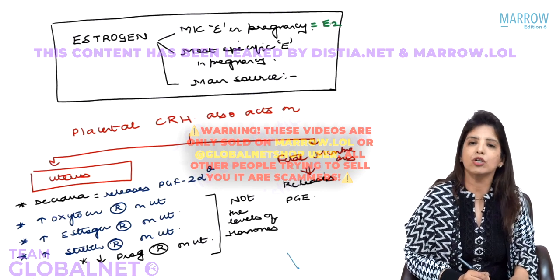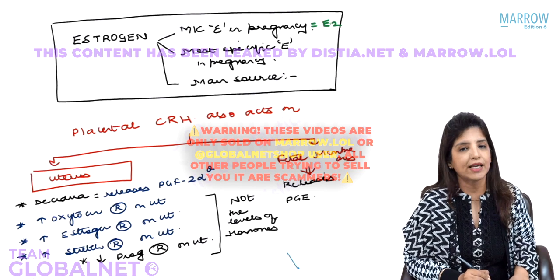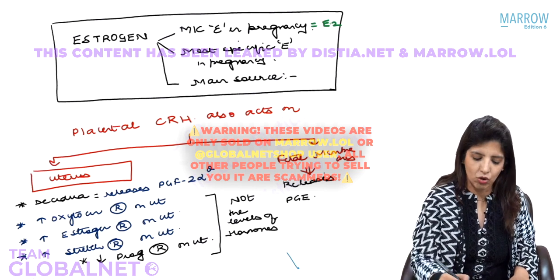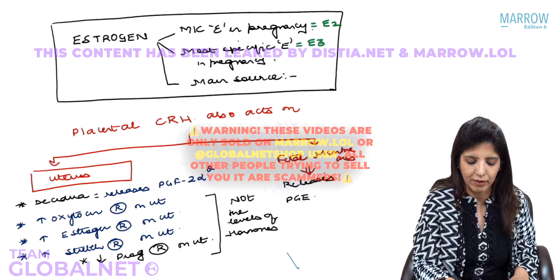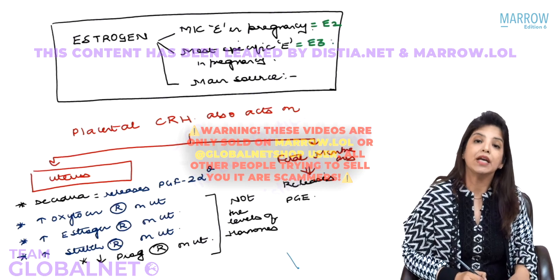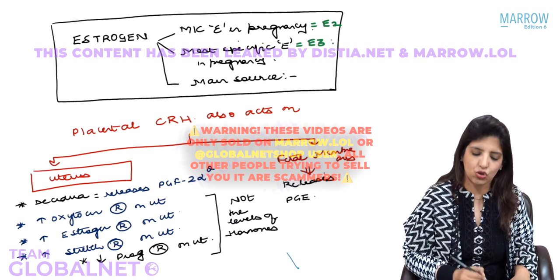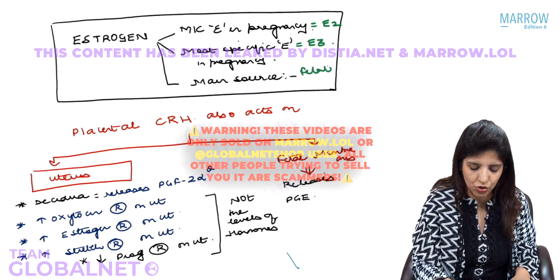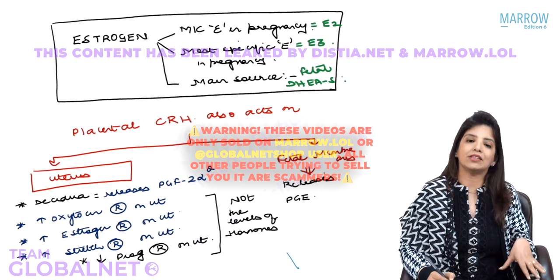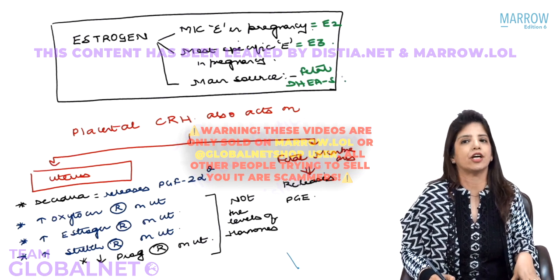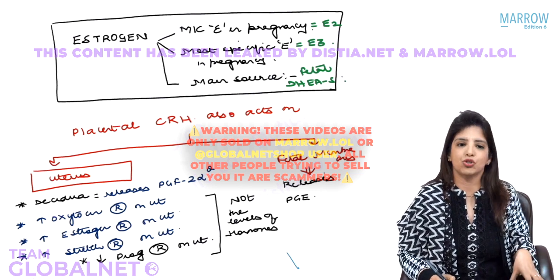But if they ask you what is the most specific estrogen in pregnancy, it is E3. Third question, they can ask you, what is the main source of estrogen? Main source of estrogen is fetal DHEA sulfate. That is the substrate which the placenta uses to produce estrogen.